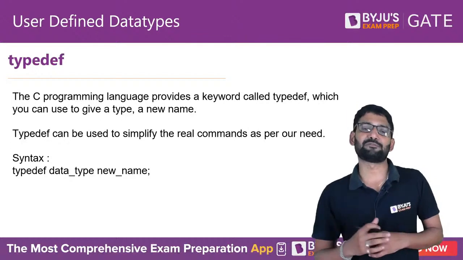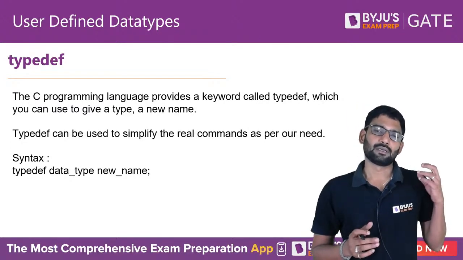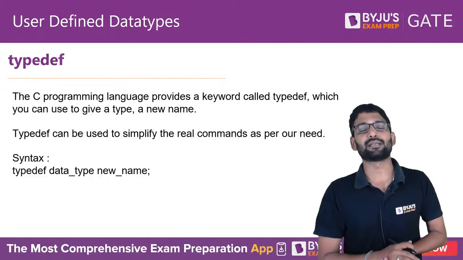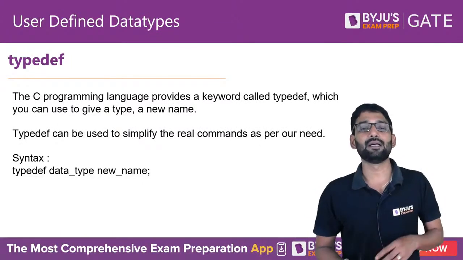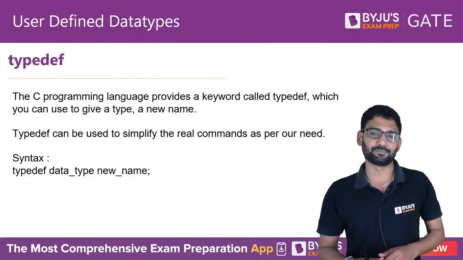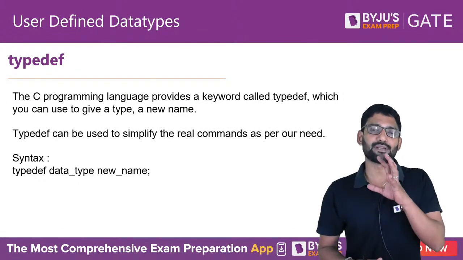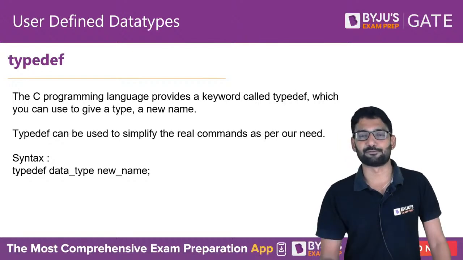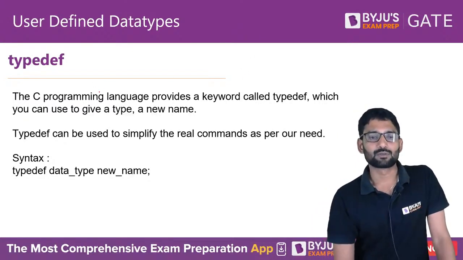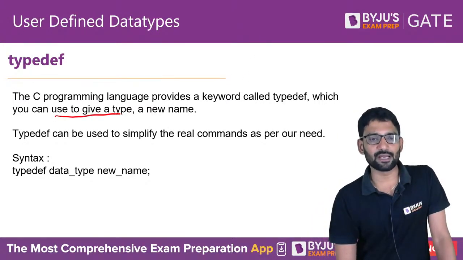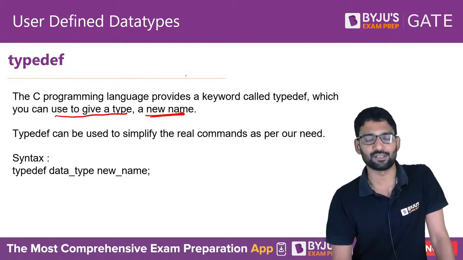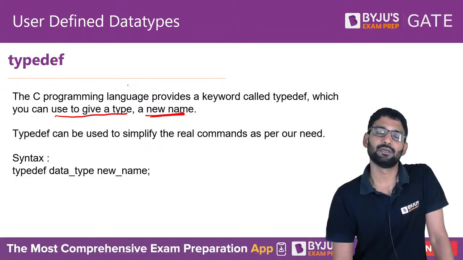What is this typedef? Typedef is to rename an existing data type or to assign an alias name. Alias name for any existing data type, we use typedef. So it can be used to give a type a new name. Just to change the name, we use typedef.